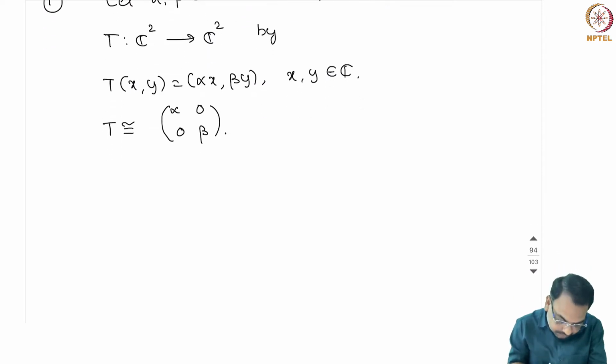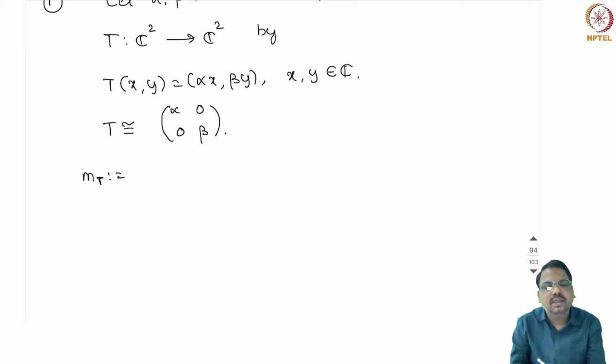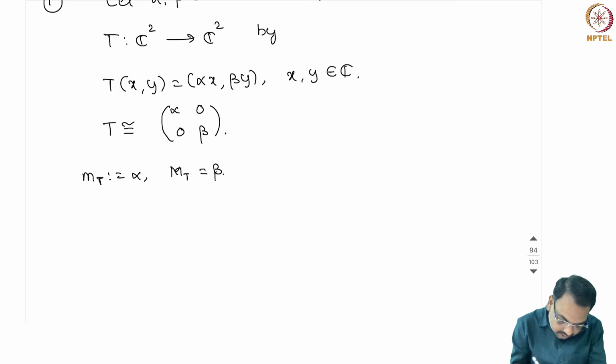Okay. Now in this case we can easily find that small m_T is alpha and capital M_T is beta. So let us take a less than alpha and b bigger than or equal to beta.